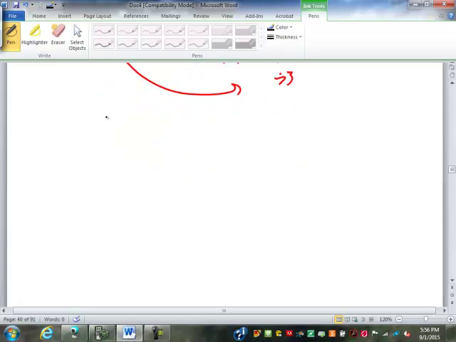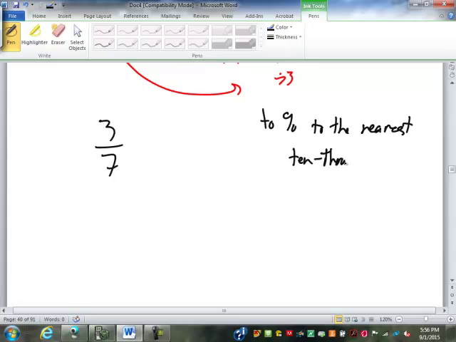So let's convert 3/7 to a percent to the nearest 10,000th percent.